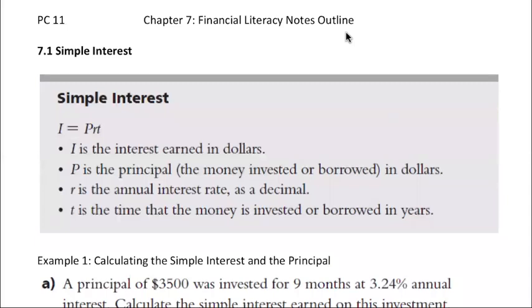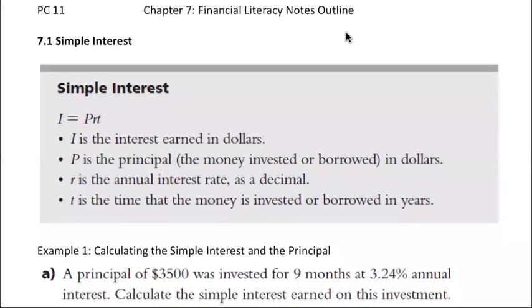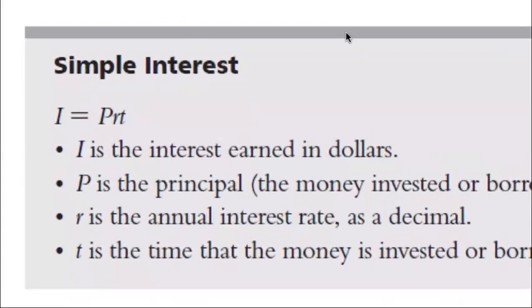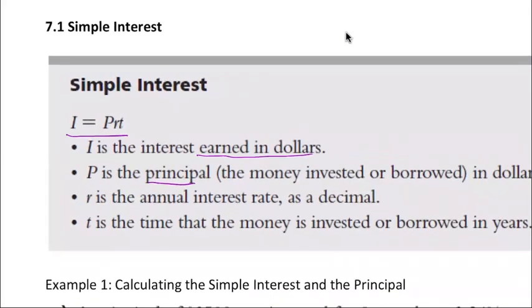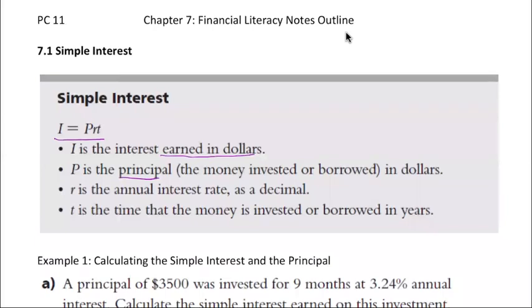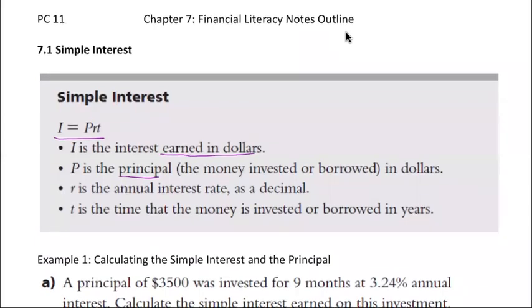So here we go. Simple interest, the formula is I is equal to PRT, I being the interest that you earn in dollars, P being the principal, the amount of money that you start with, invested or borrowed in dollars. R is the annual interest rate, the interest rate per year. And this has to be as a decimal.